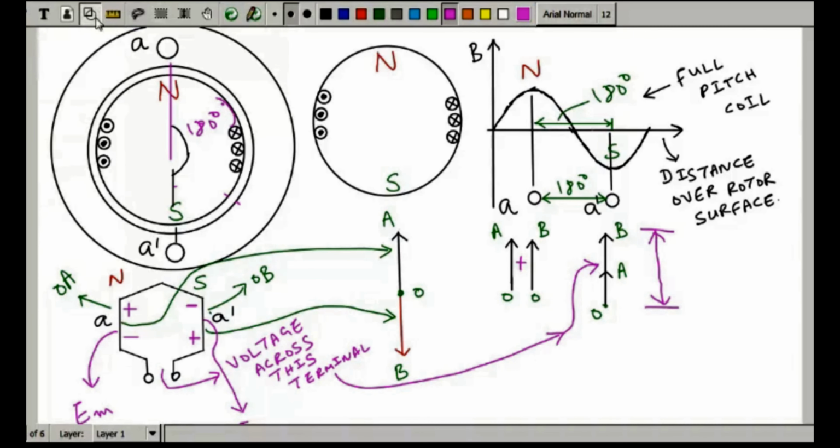We had coil A and coil A dash, and both are having the peak of the flux density. This flux density was BM, and this was also BM, the negative peak. But now in the short pitch case it is not like that.